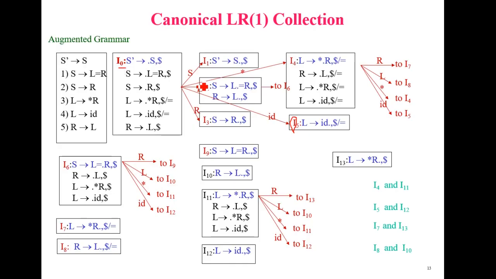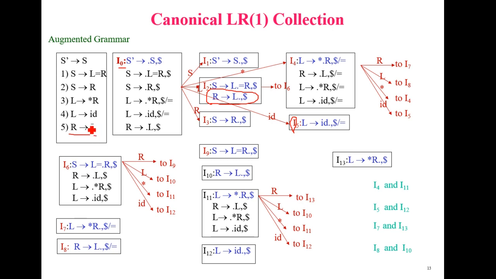In the reduce operation, we have to see which rule ends in which box. See here we have that rule, that is R tends to L dot. The fifth rule ends, which means the dot is placed at the last position. So this rule ends in the box I2. So in the second row we have to place R5 because the rule number is 5.